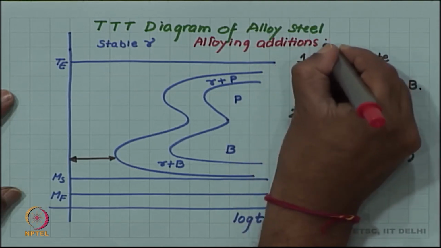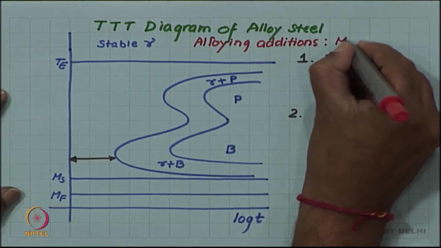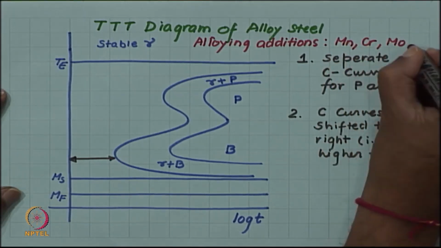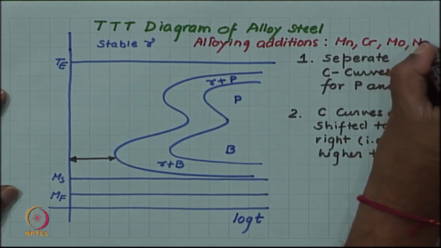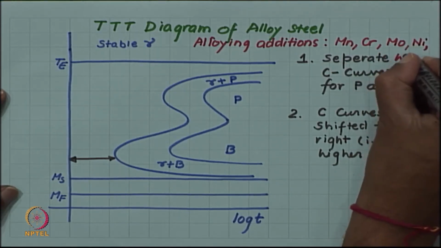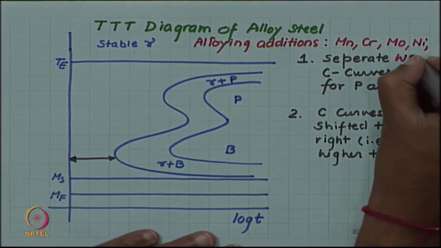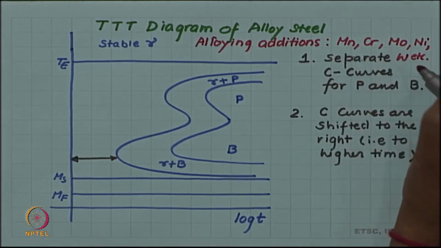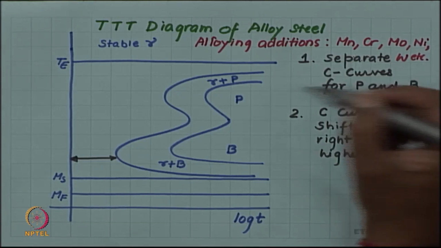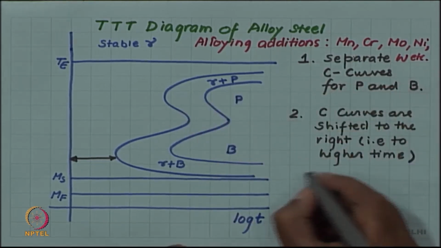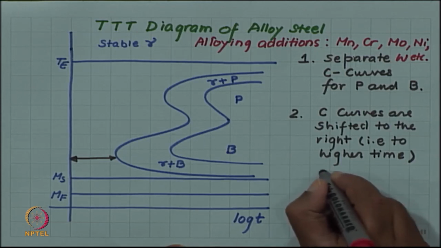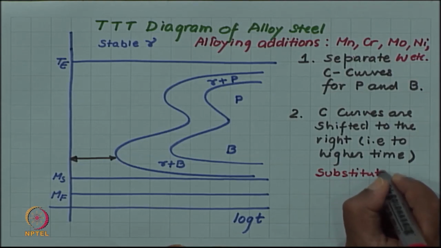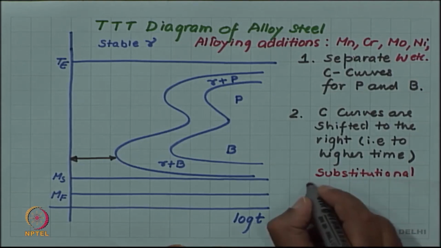Some common alloying additions are manganese, chromium, molybdenum, nickel, tungsten, etc. So, these alloying additions are substitutional solutes for ferrite and cementite.